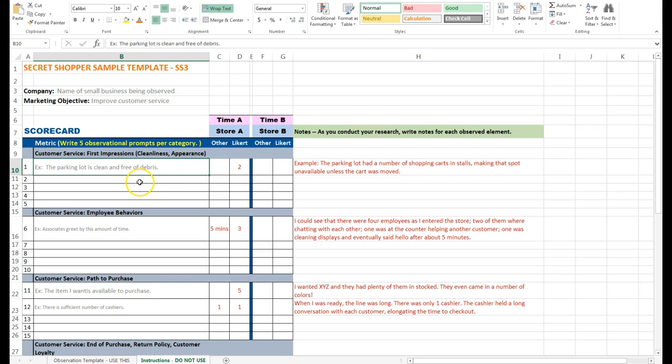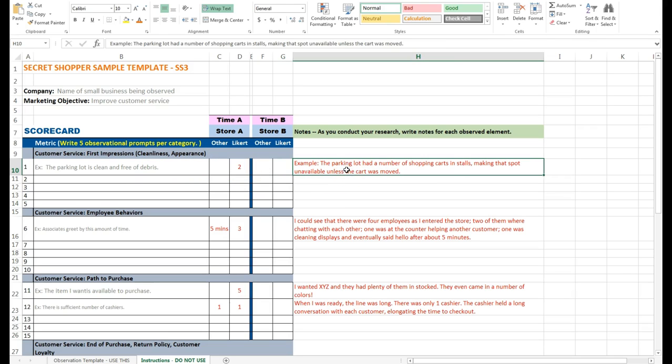In this case, the parking lot is clean and free of debris, and I scored it a 2. And why? Because I wrote down my notes. The parking lot had a number of shopping carts in the stalls, making that spot unavailable unless the cart was moved. And so the assumption here is that the establishment should be keeping an eye out on the parking stalls because that's where customers park their cars so they can then go inside the building.